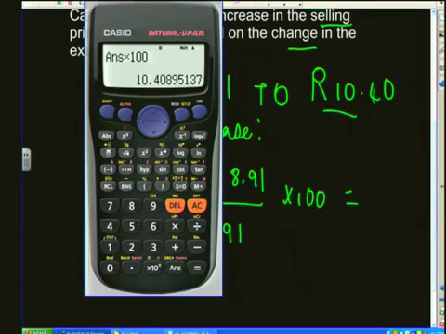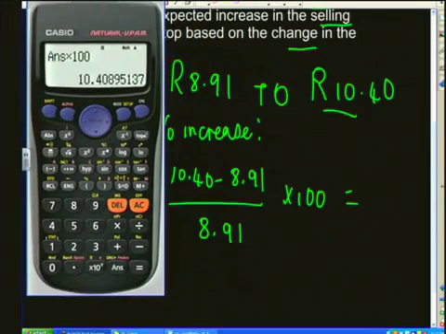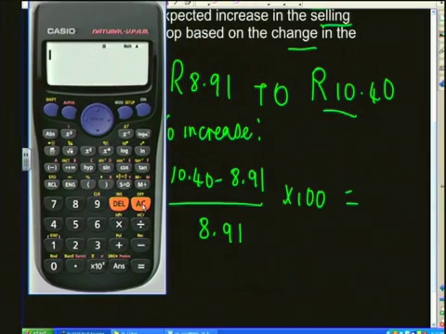Okay, so let's do all of that on our calculator. So we've got 10.4 minus 8.91 all over 8.91, and that whole thing we multiply by 100, and that gives us 16.72%.